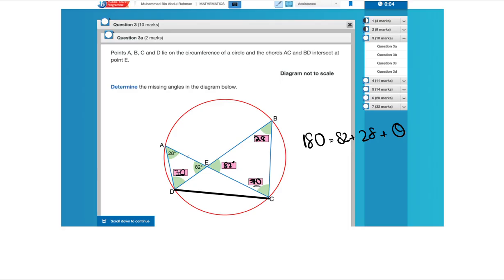Mathematically speaking, this starts from the same chord and this starts from the same chord. So yeah, you get it. Makes sense? Great.